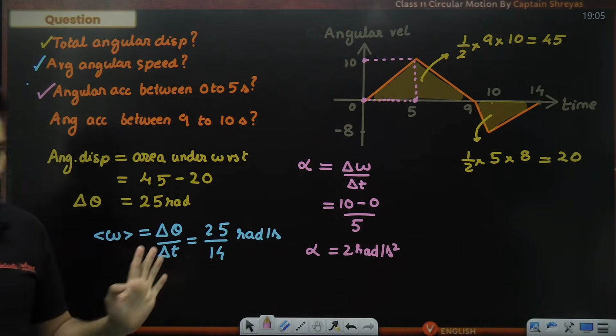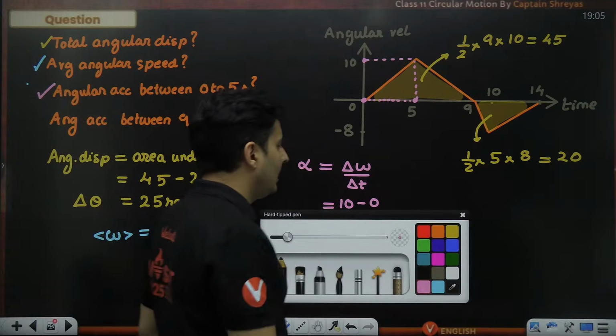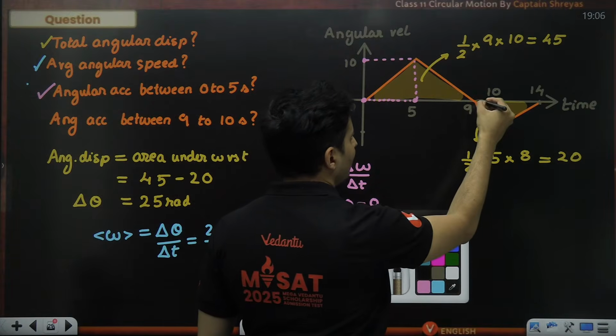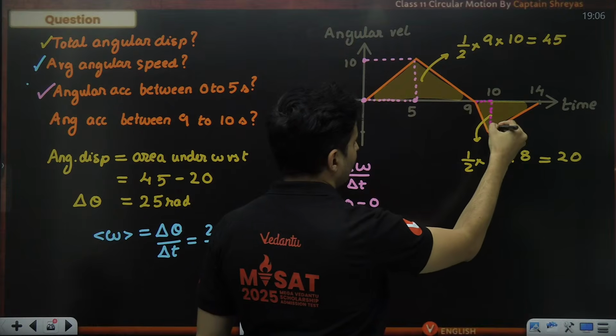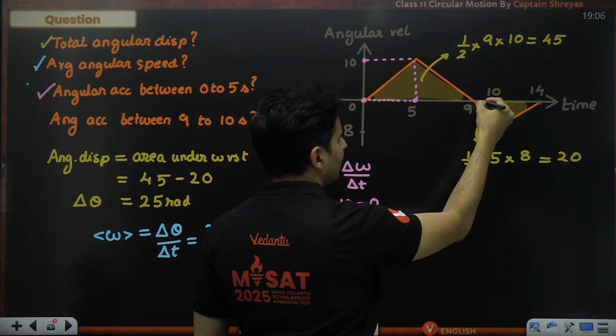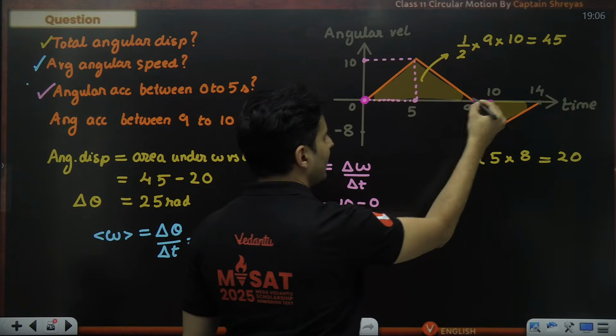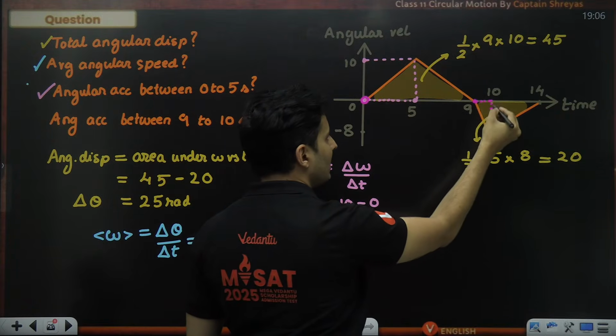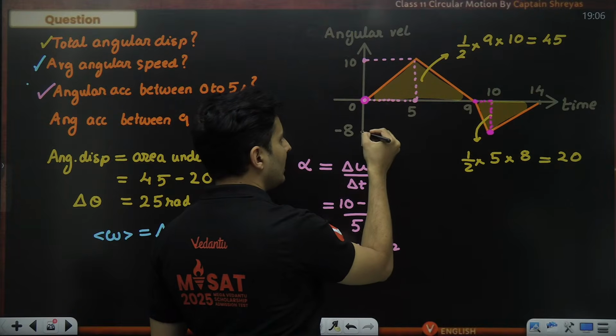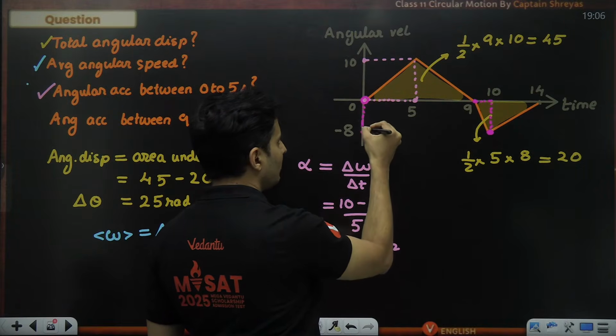Great. What about the last part, which is this one here? This is final, this is initial. At 9 seconds, my velocity was this much. Finally, my velocity was this much. I have changed from here to here.